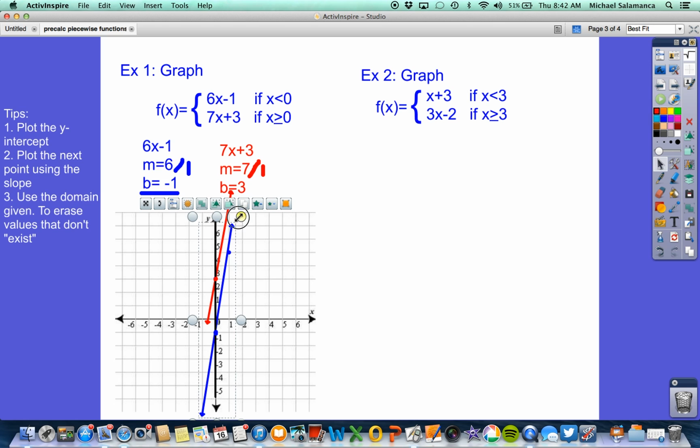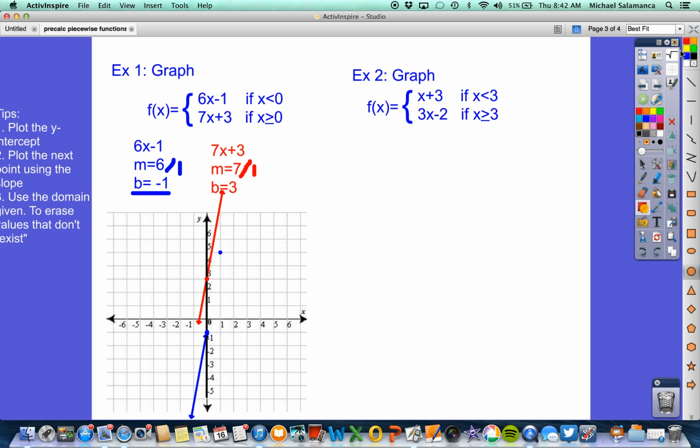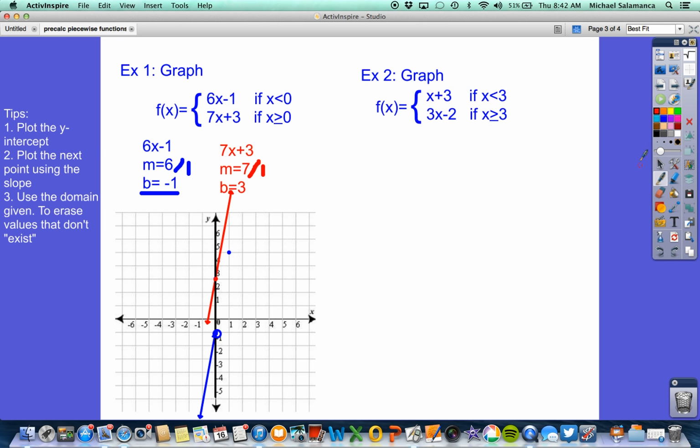So we take that blue, and to the right of 0, it's not going to exist. Because it says less than and not less than or equal to, we're going to have an open circle, because it's not or equal to. So here at 0, it should be an open circle, like you see there. Now for the red, it says when x is greater than or equal to 0.